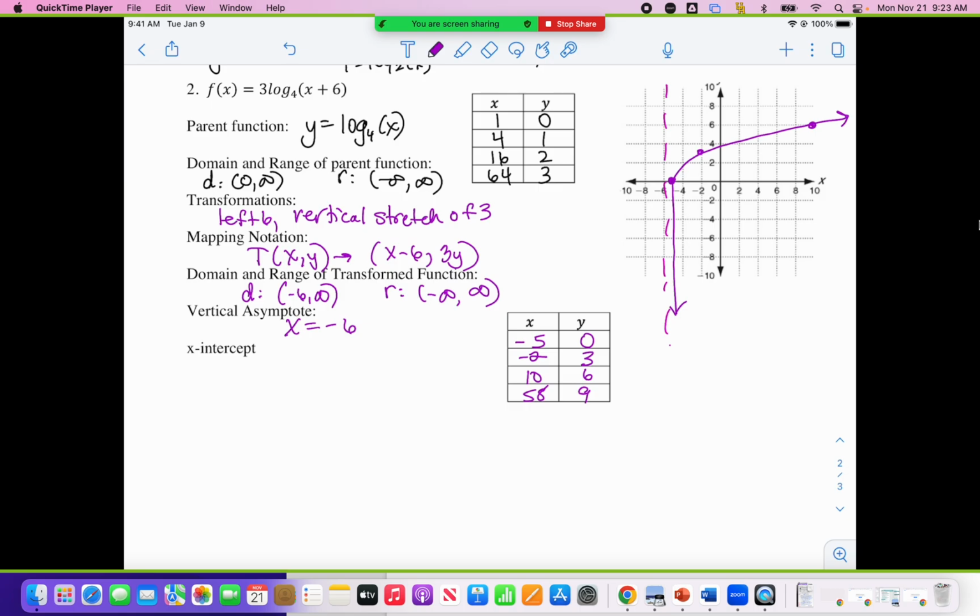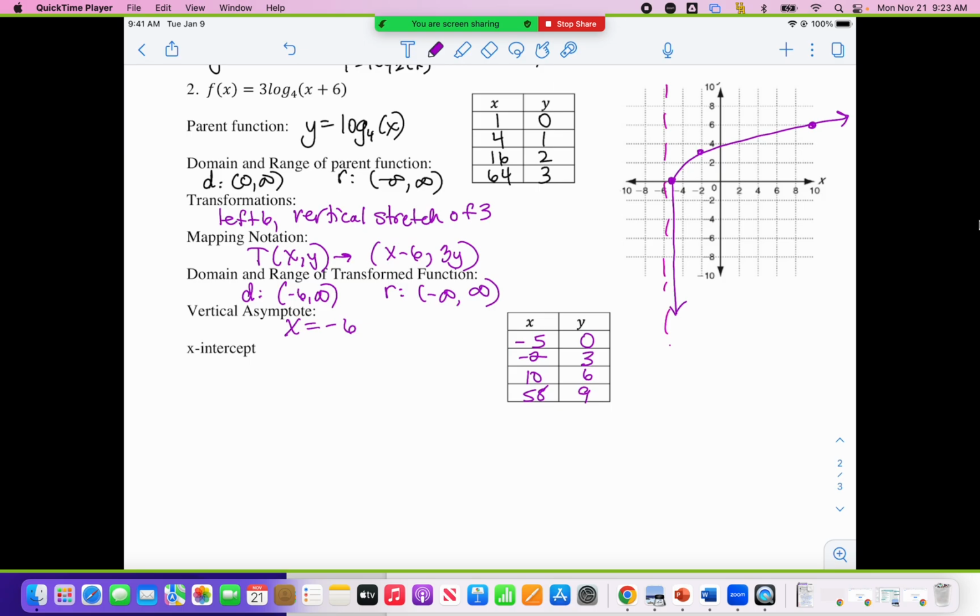This is absolutely critical. This needs to be shooting down all the way to negative infinity because our range is negative infinity to infinity. I always have 1 or 2 students who stop right here. And I'm like, you said the range was negative infinity to infinity, then your graph doesn't show that. Just make sure you continue that.